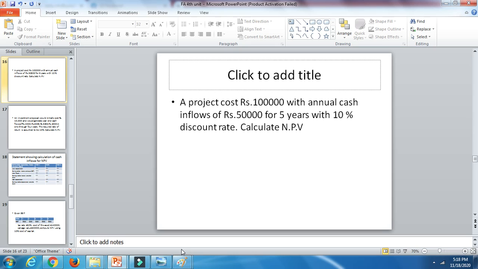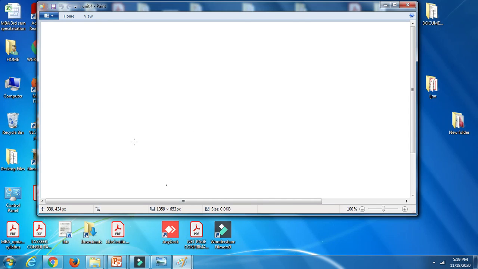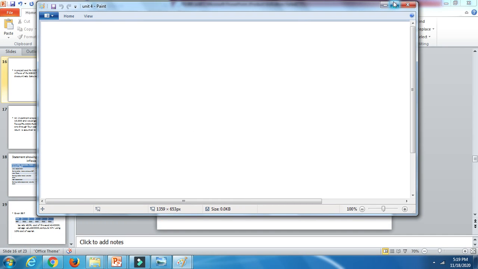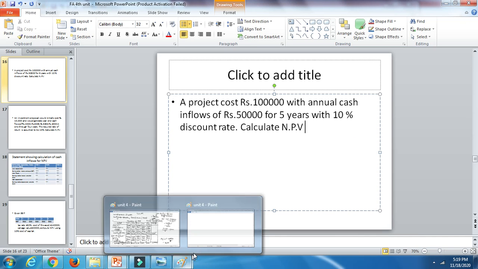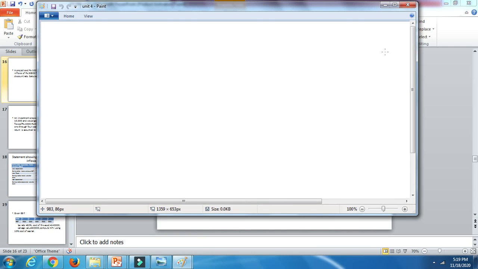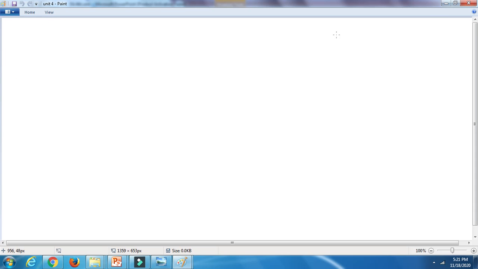So what is given in the question: the project cost, that is the cost of the asset, is rupees 1 lakh.